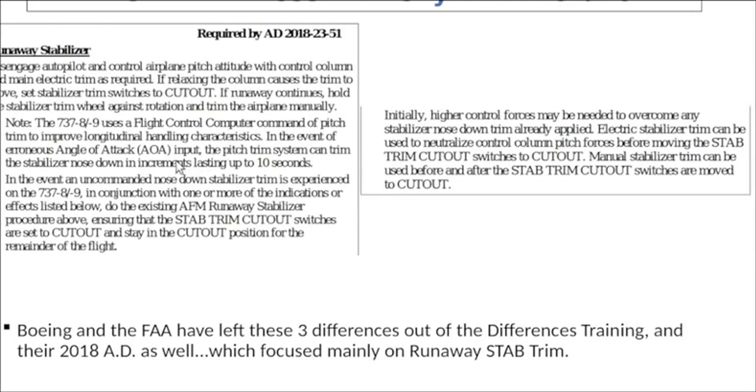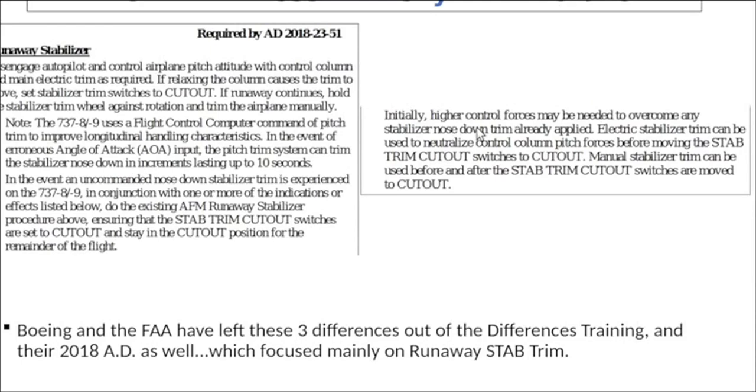In the event of a bad input, the pitch trim system can trim the nose down in increments lasting up to 10 seconds. Higher control forces may be needed to overcome any stabilizer nose down trim already applied.